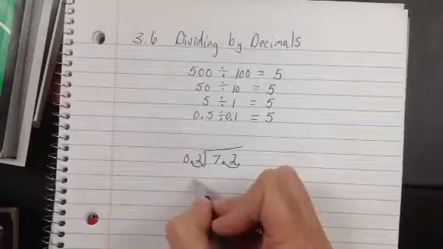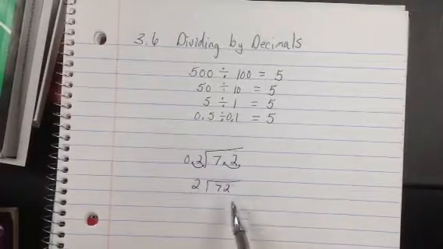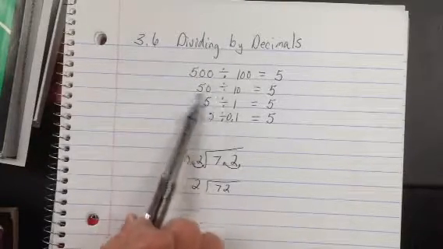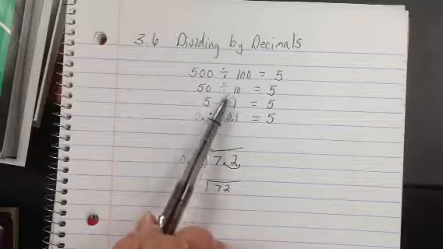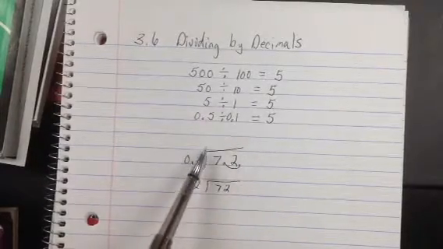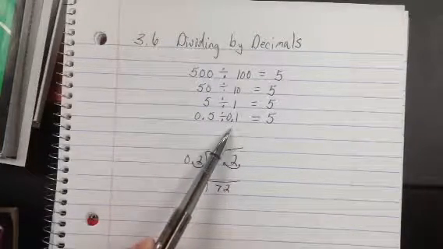So the reason I make this 2 and this 72 is not some magic, it's just so I can estimate better. Maybe you didn't know one of these problems, but by changing both things by the same power of 10, you can do a problem that you can work better. 5 divided by 1 is easier than 0.5 divided by 0.1.